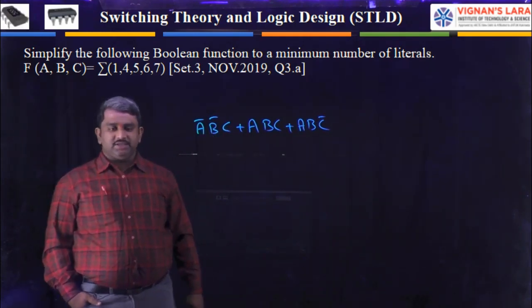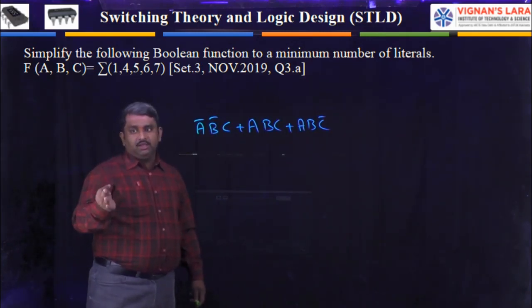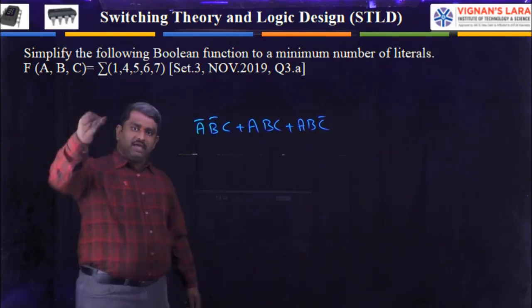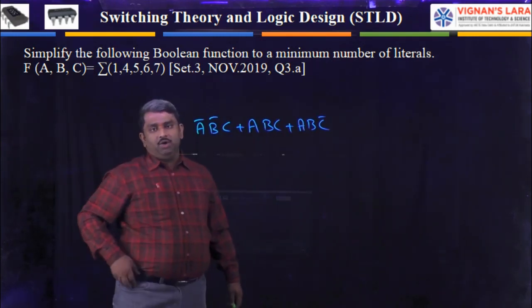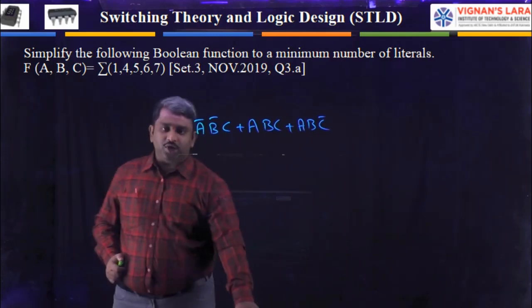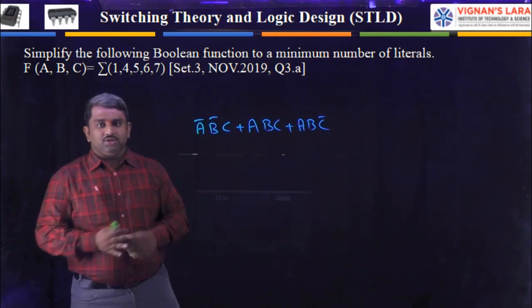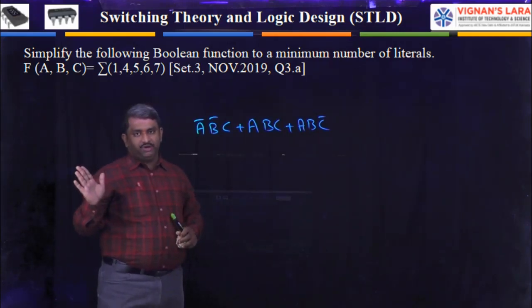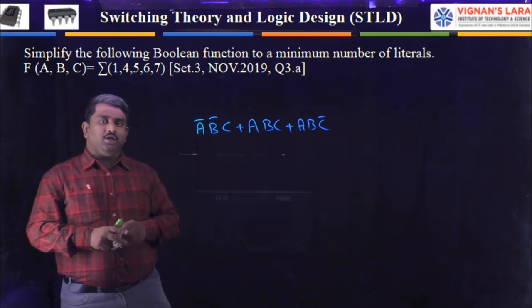A is 1 literal, A bar is another literal, B is 1 literal, B bar is another literal, C is 1 more literal, and C bar is 1 more literal. So in this function we have a total of 6 literals. We consider A and A bar as different, so each one is represented as a literal.